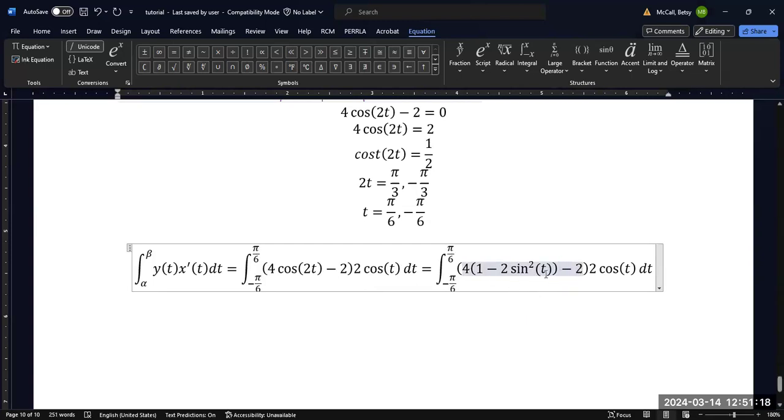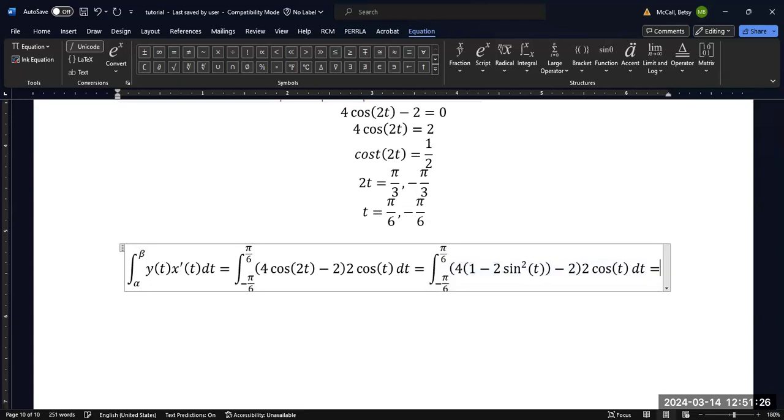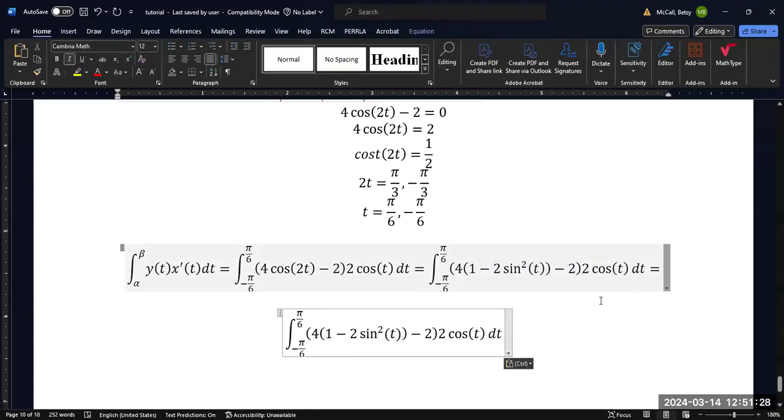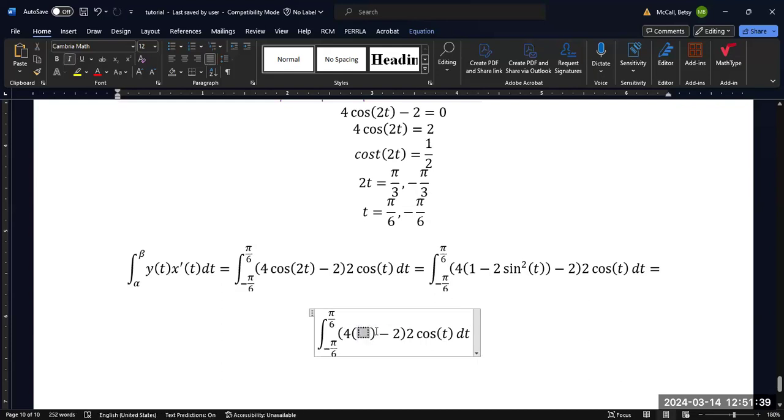And so we're going to need to distribute some things. So let's see what happens when we do some distributing. First, we're going to distribute this 4 through this parentheses. 4 times 1 is 1, and 4 times 2 is 8.